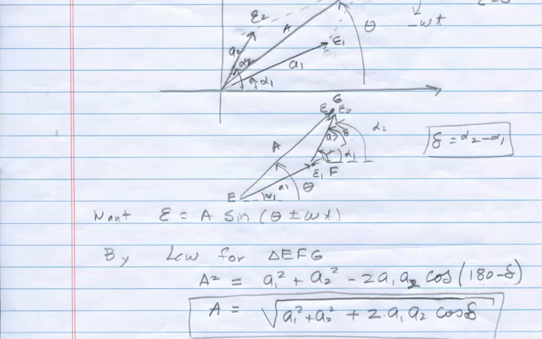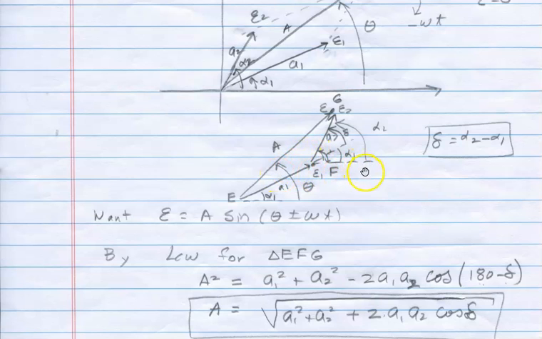So if you remember the law of cosines, I'll look at this angle here that's not marked, and I'll take the side opposite this angle is A squared, and that's got to be the sum of the squares of the two legs. One is, this side is A1, this side is A2, minus 2 times A1 A2 times the cosine of this angle.